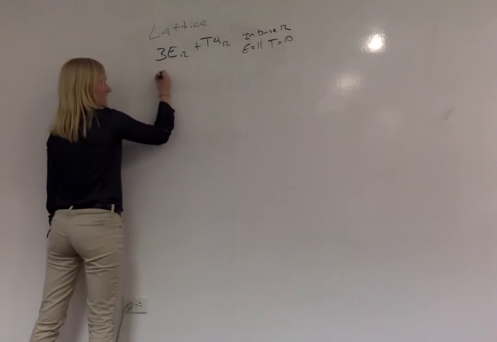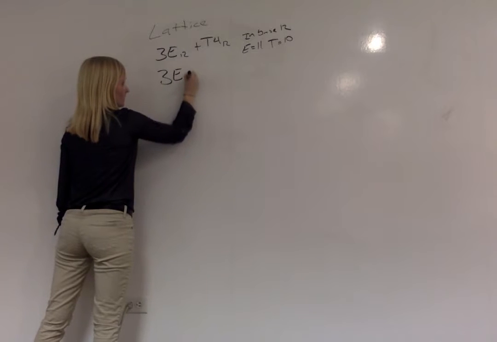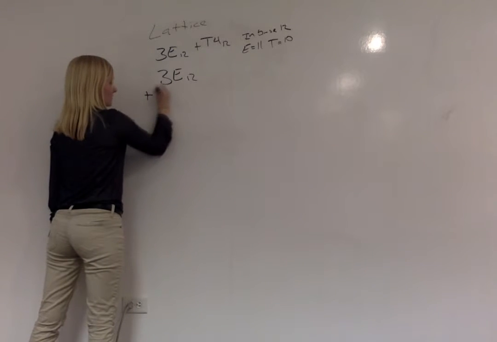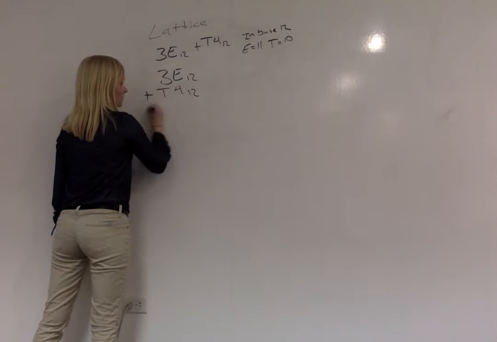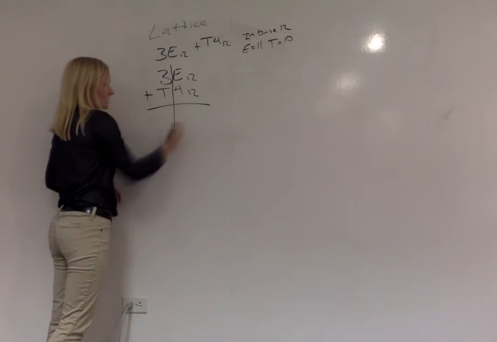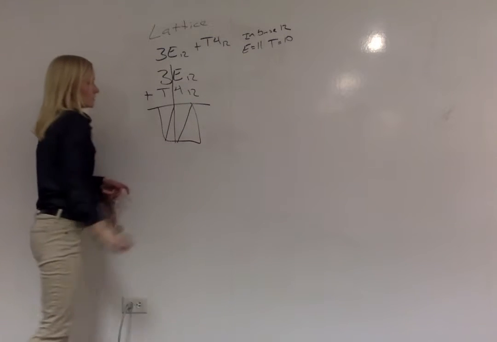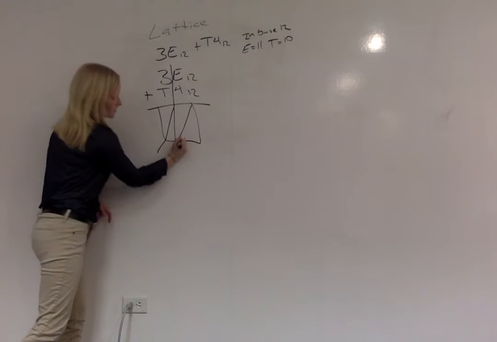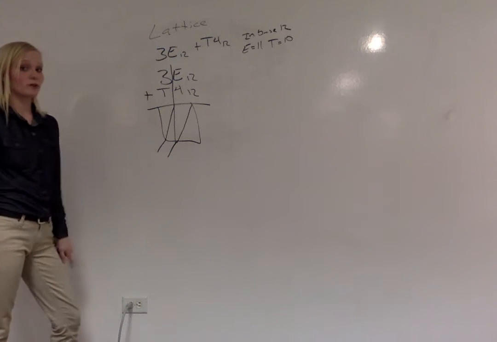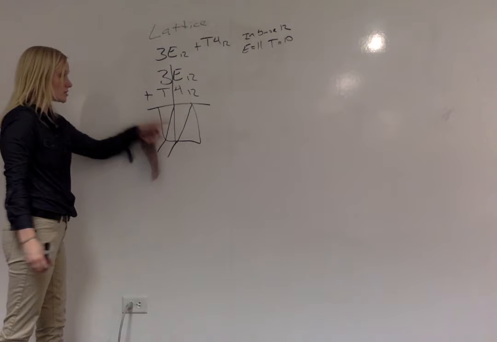Now we can set up a lattice form. Okay, in lattice form, you set up a grid. The grid takes care of the regrouping for you with the division of the boxes.